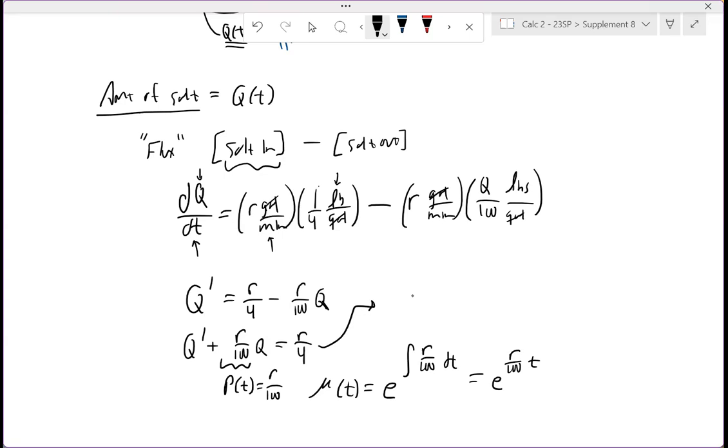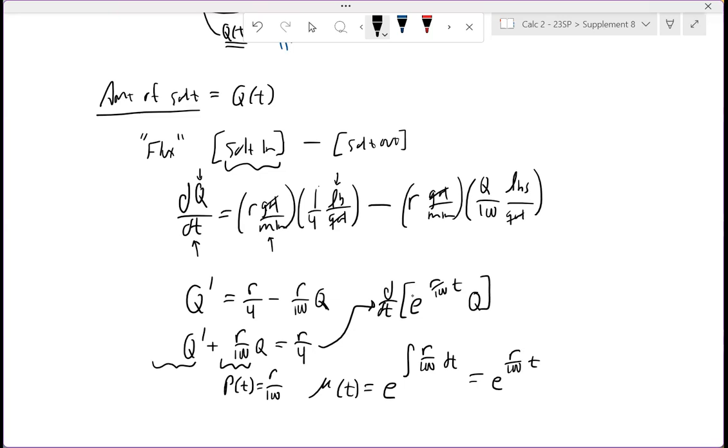I'm going to multiply both sides by that. And I'll note that that makes this left-hand side a perfect derivative. I differentiate the second to get e to the R over 100t q prime, which is what I'd get here after I multiply by that e to the R over 100t.